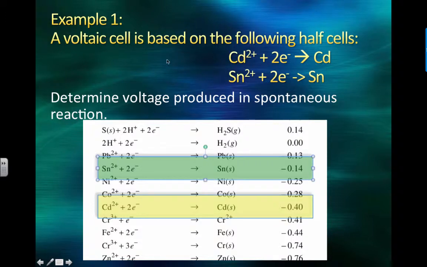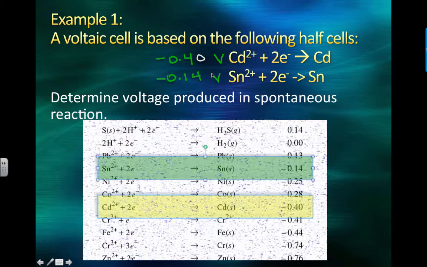The reduction potential for cadmium-2 is negative 0.40 volts. And for tin in green, the reduction potential for tin-2 is a negative 0.14 volts.